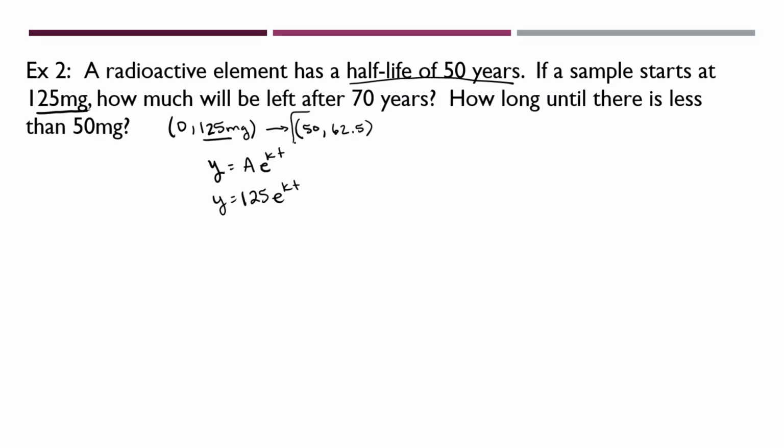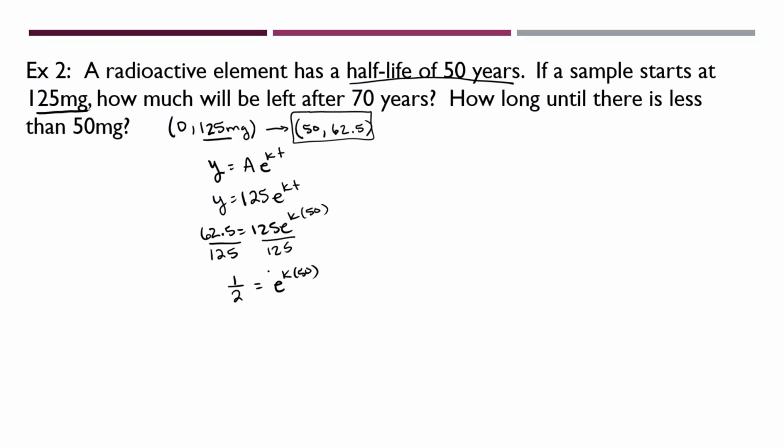Then I can use this second point, and I'll get 62.5 equals 125 e to the k times 50. Now the interesting thing here is when we solve this, because it's a half-life, it's going to do exactly what we expect, and that is it will go to a half.